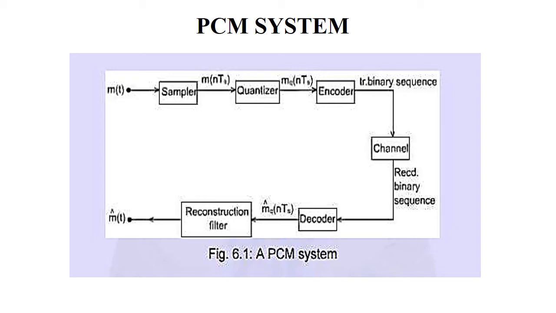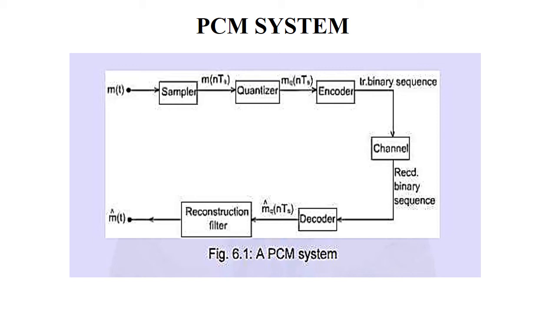That output is then given to the encoder. The encoder encodes the signal, for example encoding 7 levels into 3-bit parts. Likewise, it provides the binary sequences. Then it is given to the channel.